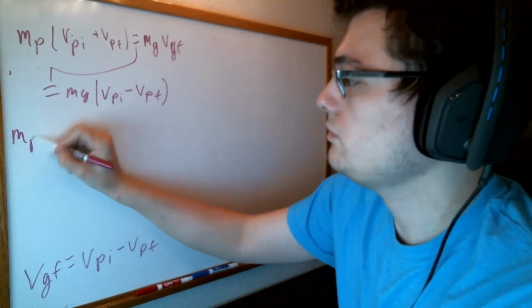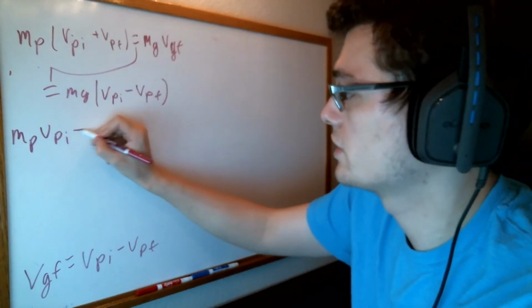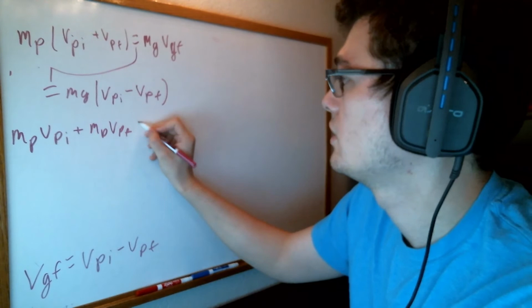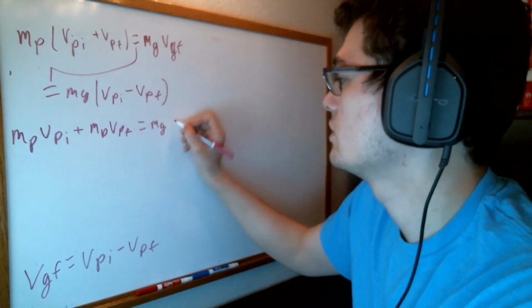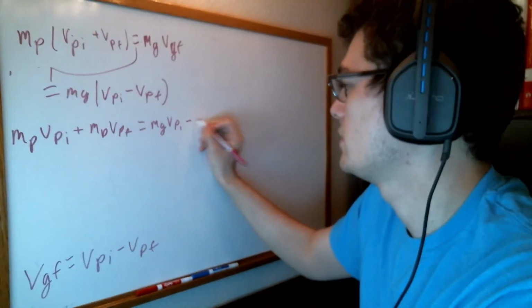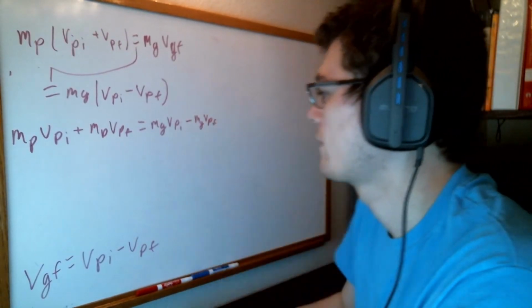So MP VPI, we're just expanding these, distributing. MP VPF is equal to MG VPI minus MG VPF.